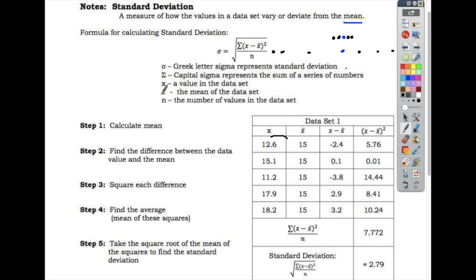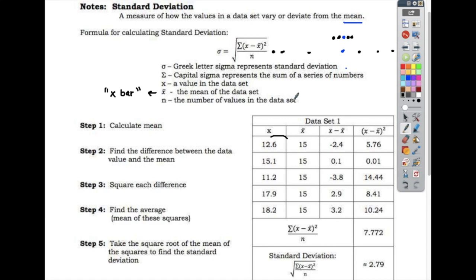Then we have x bar. We pronounce this as x bar, and it's literally just an x with a little bar over the top of it, and that's going to be our symbol to represent the mean of the data set. And then our last one, we have n, and n is just the number of values in the data set.